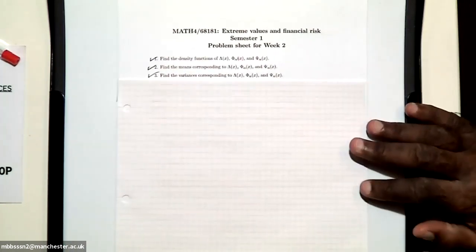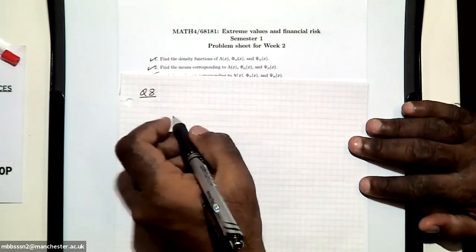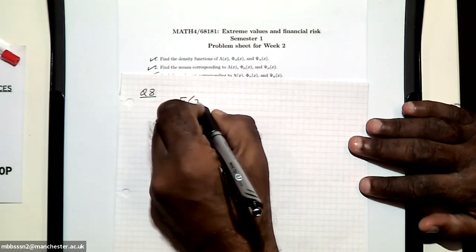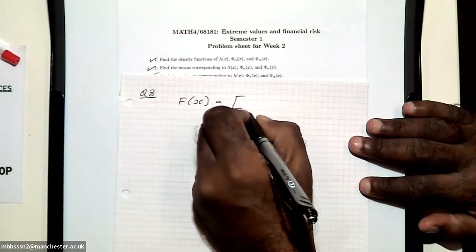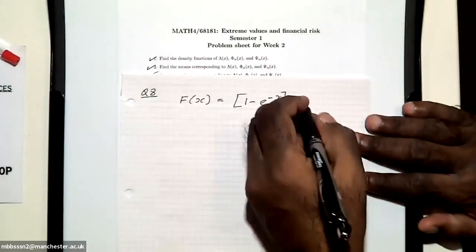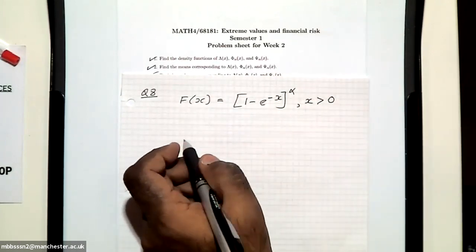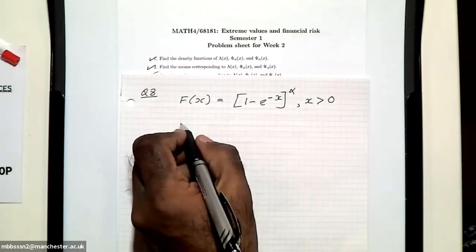So it's question 8. We have f of x equal to, power alpha, where x is positive, right? Now, the first thing you must find out is the w of f.